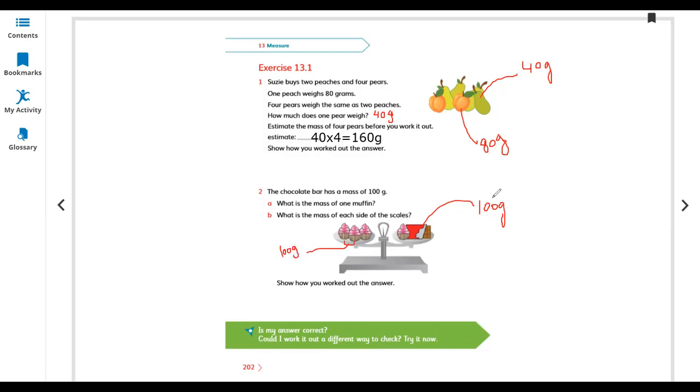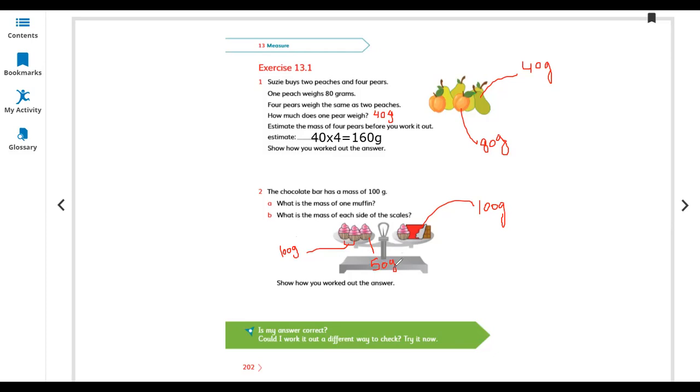So it means 2 muffins equal 100 gram. So now this is 100, this 100. Because if 2 muffins are 100 gram, so 1 muffin is half of 100. So half of 100 equals 50. It is 50 gram. Now we know the mass of muffin and the mass of chocolate.